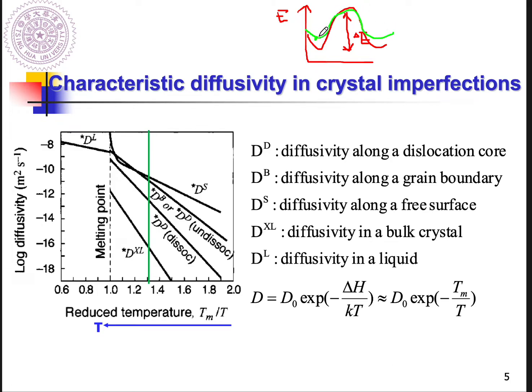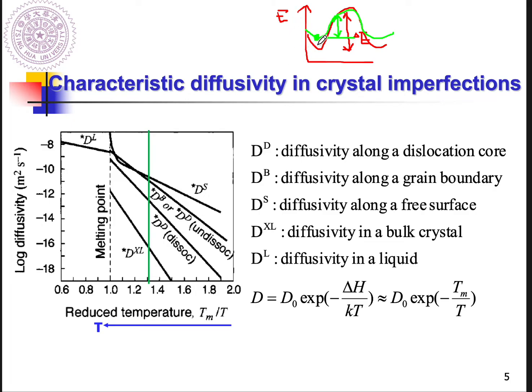So this is higher, the undissociated one with higher energy, so it will have smaller migration energy. Smaller migration energy means the diffusivity will be larger than the dissociated one. Because dissociated one means what?